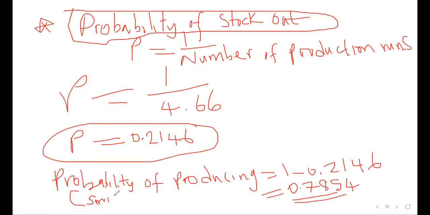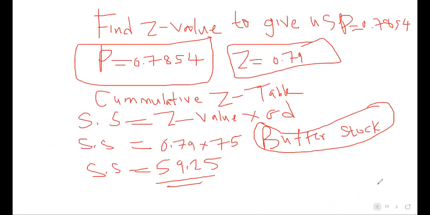So the service level is above 50%, 70%, 78%, because they're saying that 1 out of the number of production runs they may not produce. So this is our service level. Then from here, we have gotten the value of Z and the safety stock.